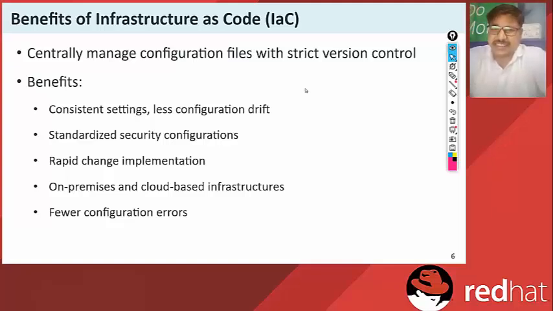So it's a time-taking process. Of course it is good when you run the script, but you will have to go on every system and then run the script. But with infrastructure as code, you first download and test on a single computer or single machine.